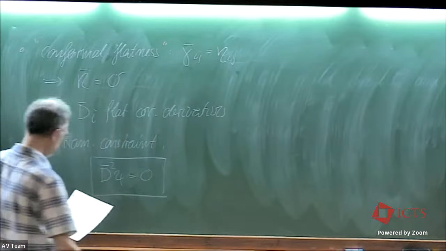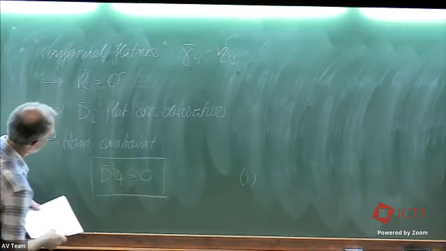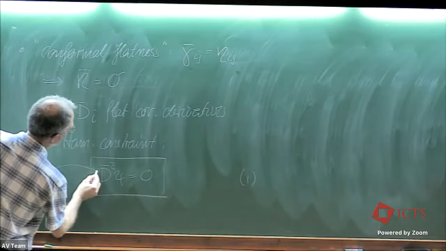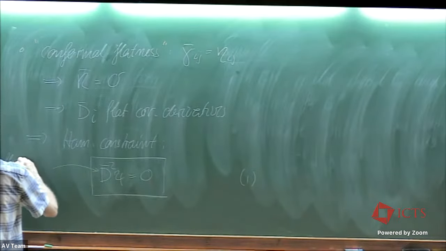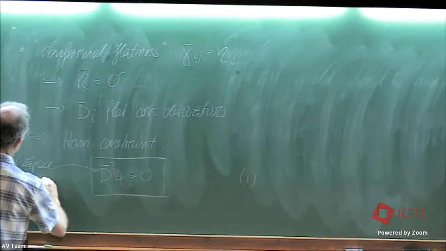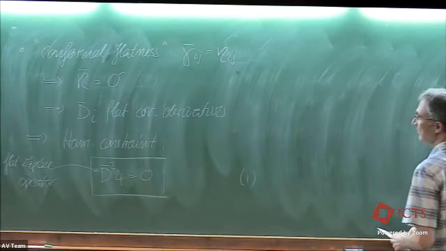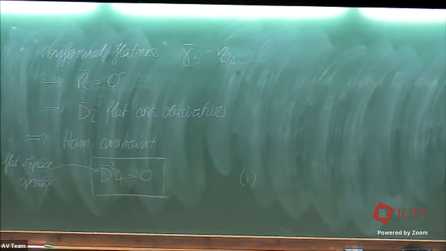That's it, okay? So let me call this equation 1. And remember that this d squared is not a flat Laplace operator. Okay. Let me write down this Laplace operator in spherical polar coordinates.